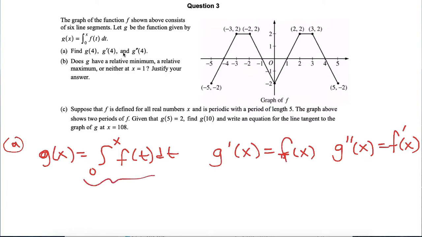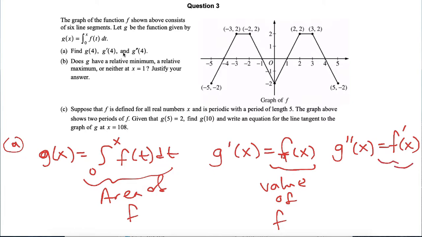So this is the area of f, this is the value of f, and this is the slope of f. So you have all of those things with this graph in geometric shapes.